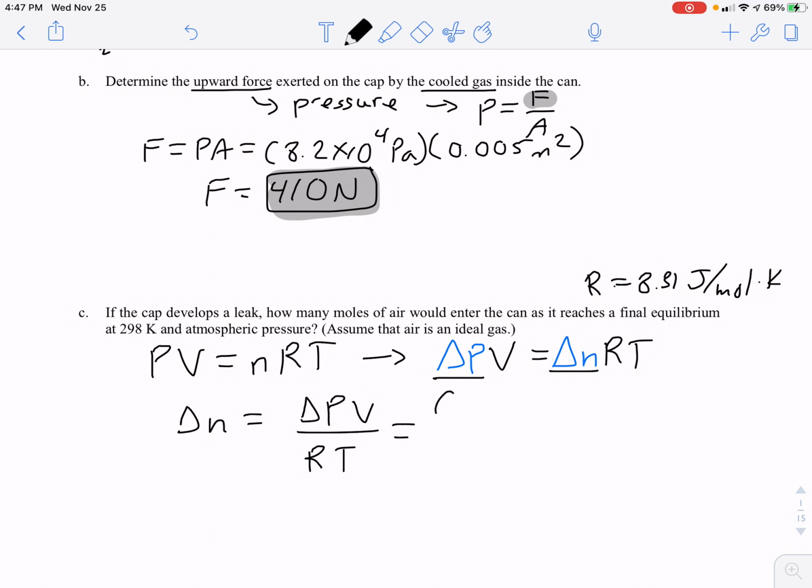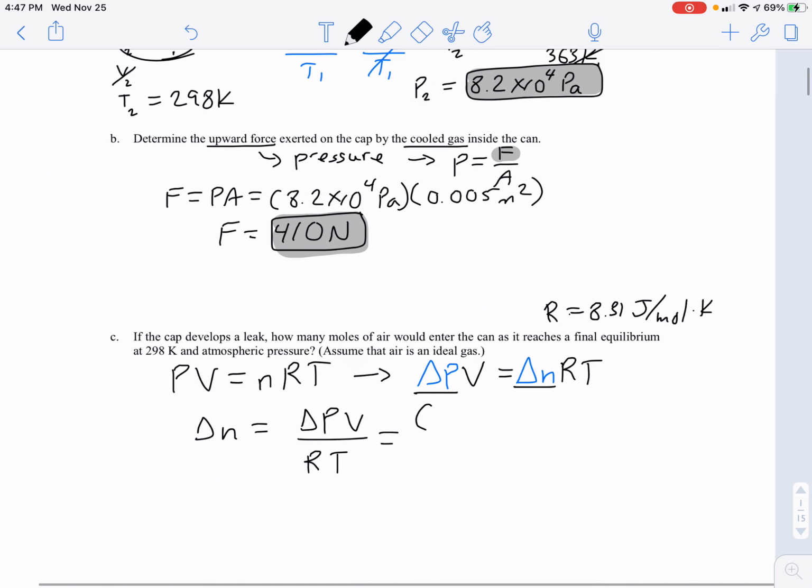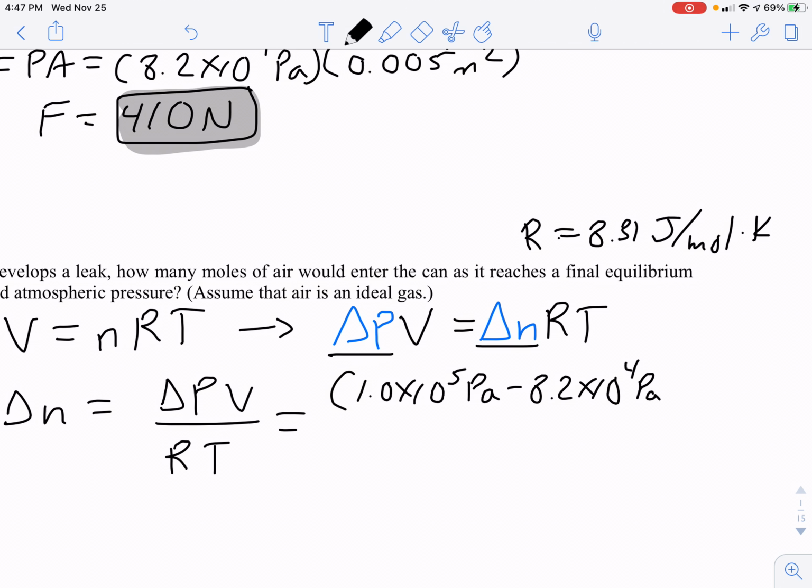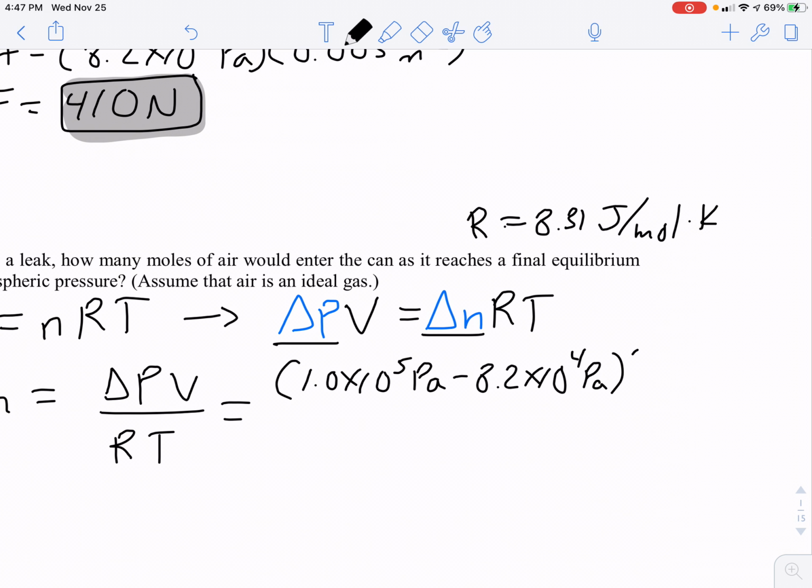Well, delta P would be 1.0 times 10 to the 5, that's 1 atmosphere of pressure, minus the 0.82 times 10 to the 5 pascals, that would be the pressure before the air enters the can, times the volume. Now, how do we get the volume? Well, that's going to be area, 0.005 square meters, times height, 0.15 meters.